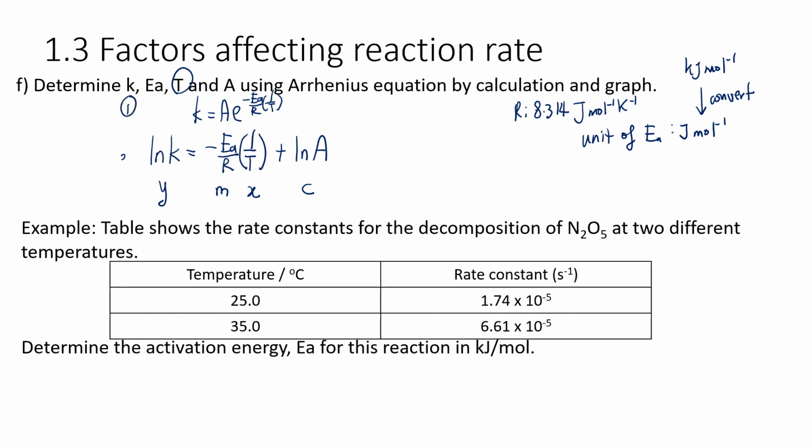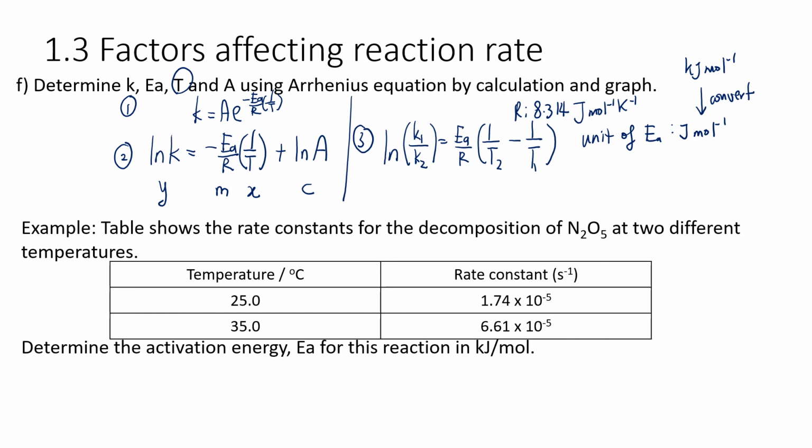For the Arrhenius equation, if we are given 2 temperatures and 2 rate constants, it can also be modified into this form: ln K1 over K2 equals EA over R times 1 over the second absolute temperature minus 1 over the first absolute temperature.